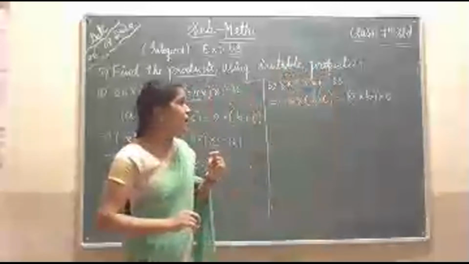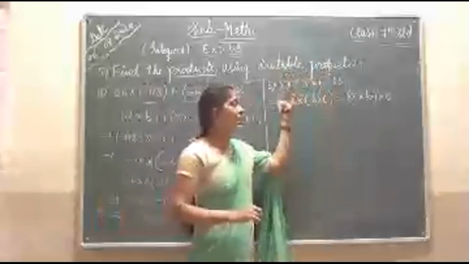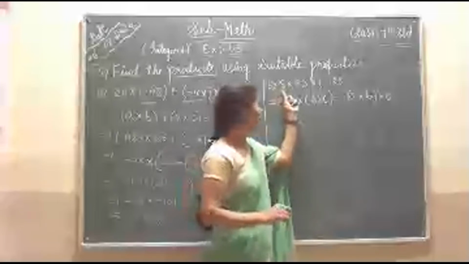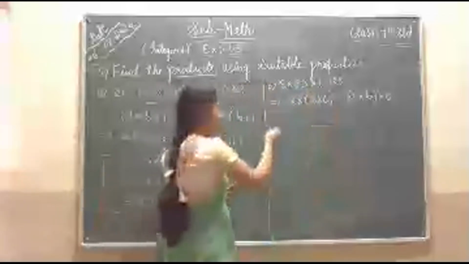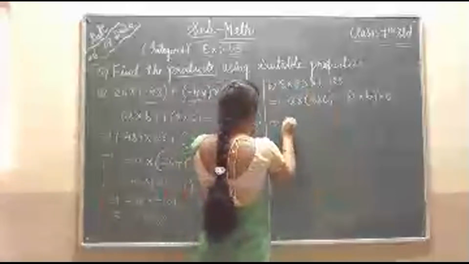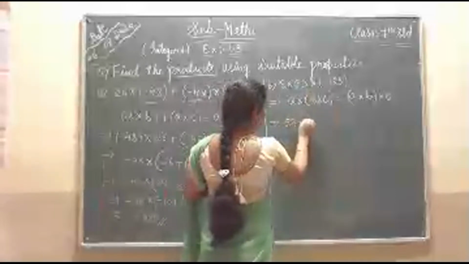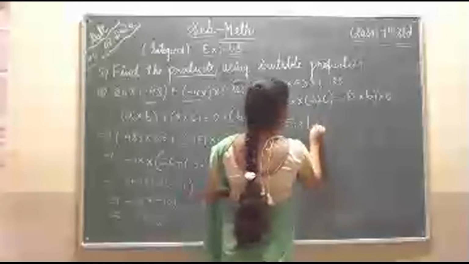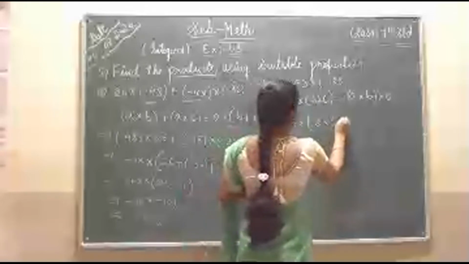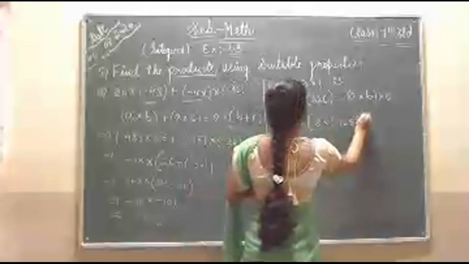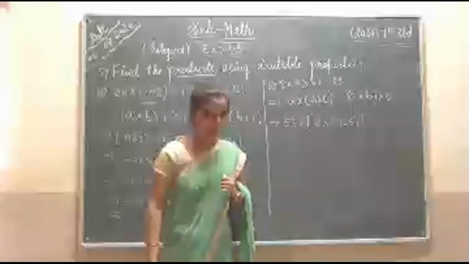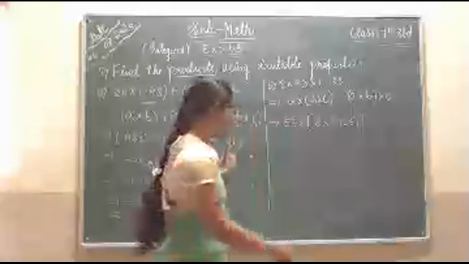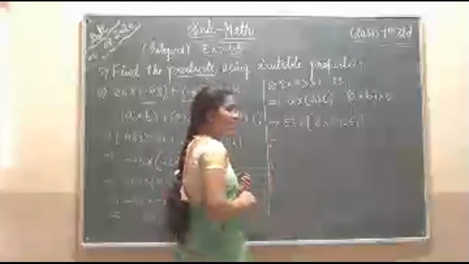See whether multiplying 53 into 8 is easy or multiplying 8 into 125 is easy. Let's see. 53 into 8 into minus 125. Multiply these two, because 8 into 125 is 1000. So we will get the answer easily.